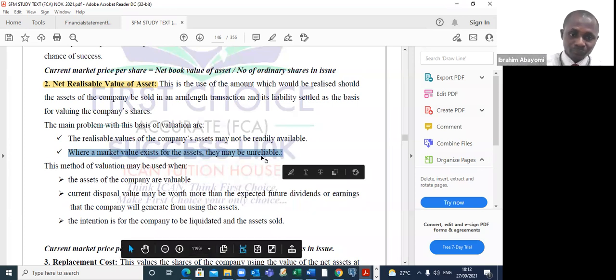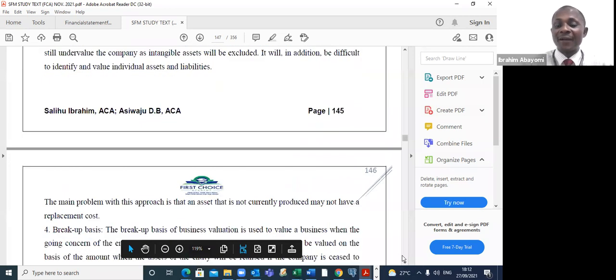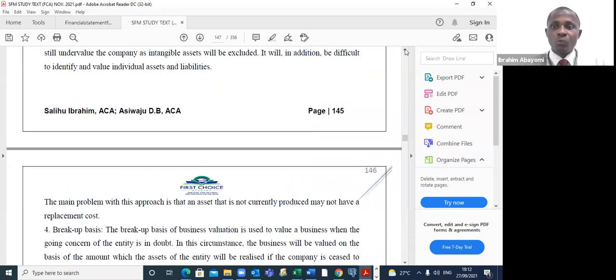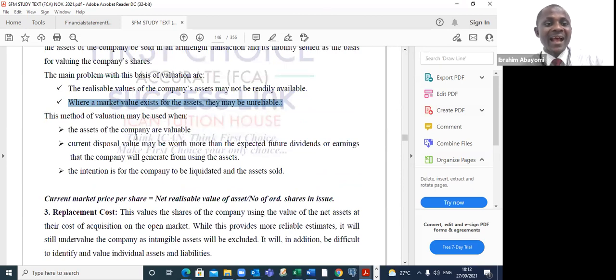Now, where is it appropriate to use market value as the basis of your valuation? So we have the conditions here. When the assets of the company are valuable, assets that we can place value on, then you can use the market value approach.